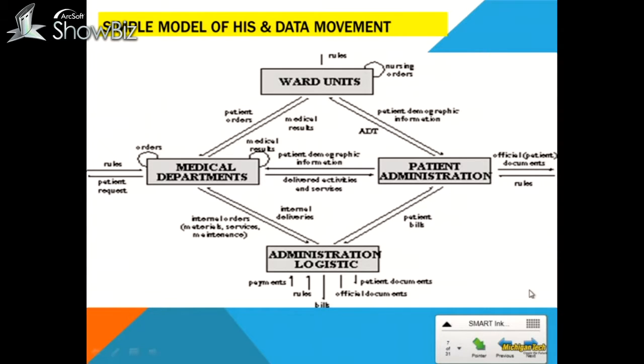Based on this simple model, you can define your health information system. So this is just a very simple model we showed here.